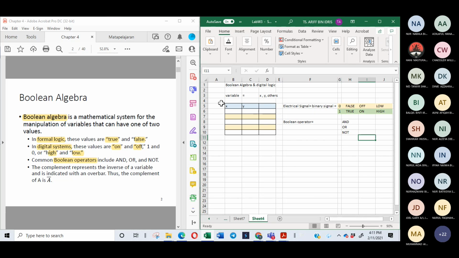Okay, can you see this table, class? You can see this table, right? The name of this table is the truth table, jadual kebenaran.